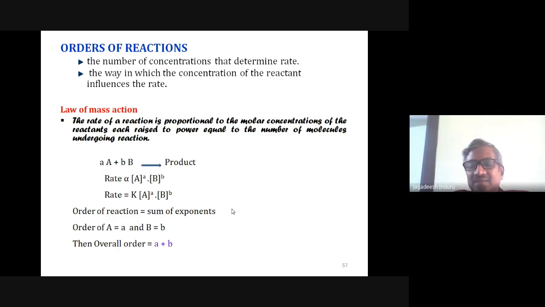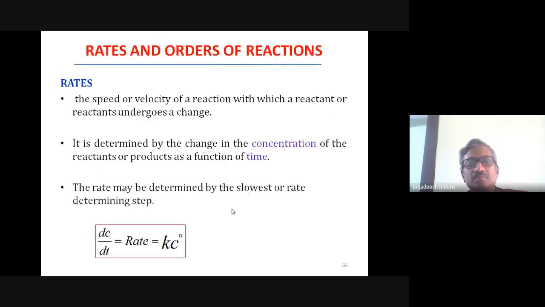Say, for example, in k into c to the power of n, if it is zero, then no reactant concentration is involved. dc by dt is equal to k into c to the power of 0. And c to the power of 1 means a first order reaction.